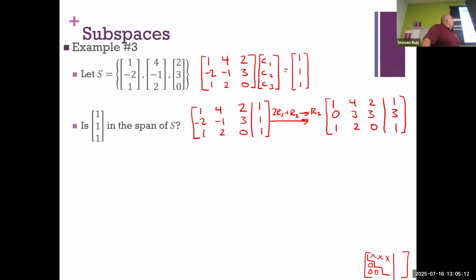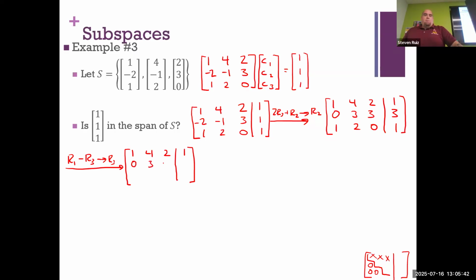What's next? Okay. Subtract row 1 minus row 3. So 1, 4, 2, 1. Row 1 minus row 3 gives 0, 2, 2, 0.